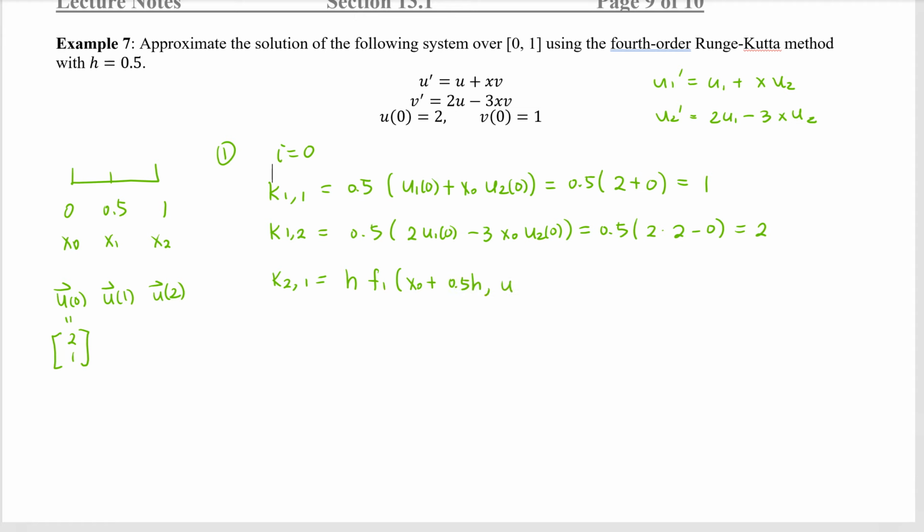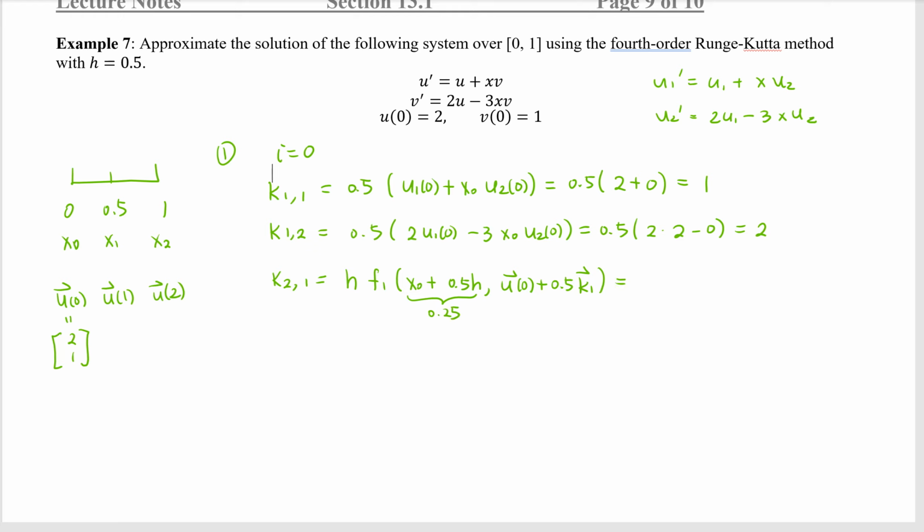And then we do u of 0 plus 0.5 of k1. Okay, so x0 is 0. H is 0.5. So 0.5 times 0.5 is 0.25.